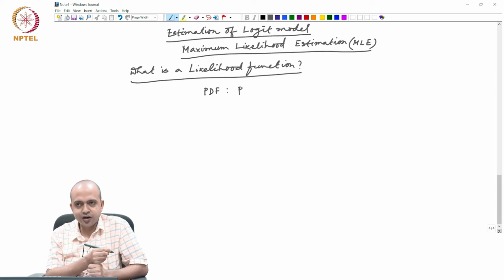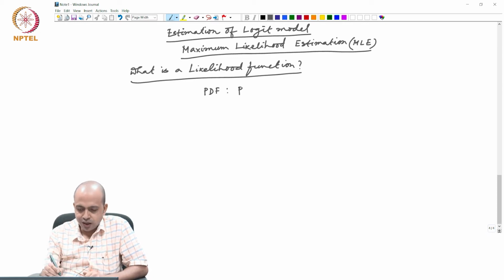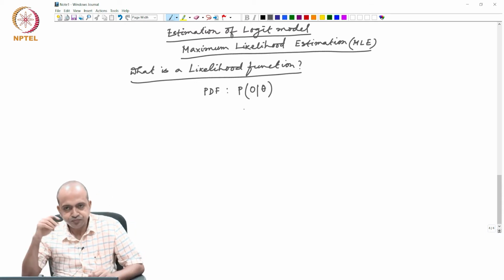PDF is characterized by an observed thing given the parameters. I will explain this.